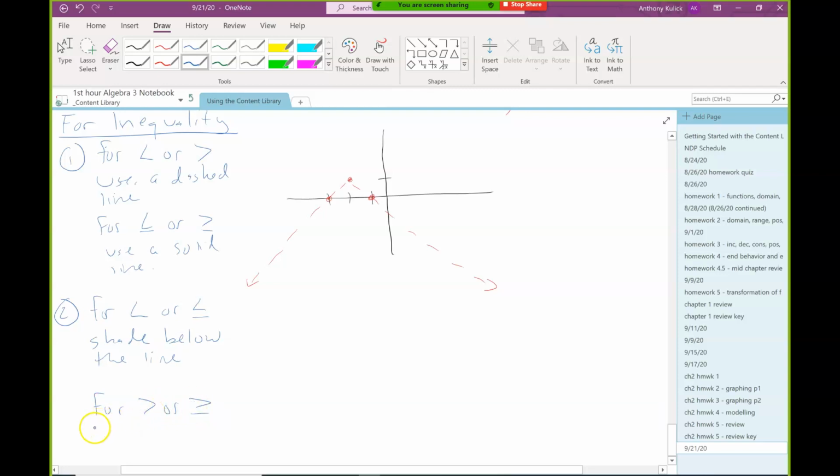And for a greater than or equal to, we're going to shade above. So the area that's below my line is like that part right in there.